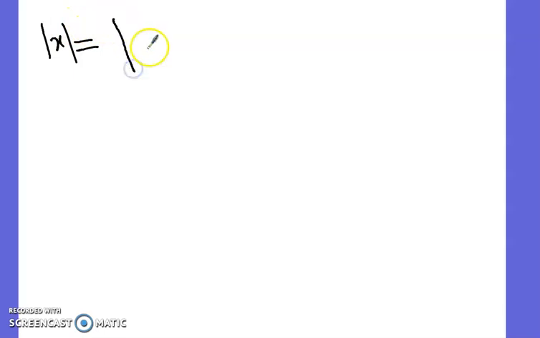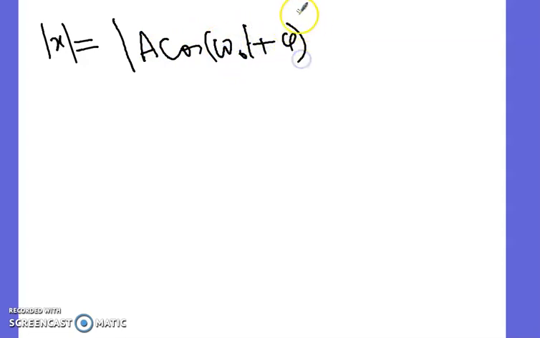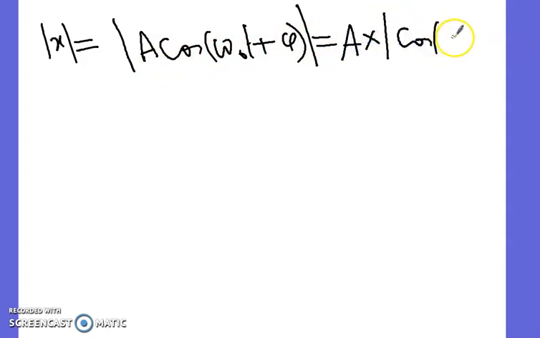So I can write it as a cosine(omega 0 t plus phi) in absolute value. Now a is always positive, so I can write it in this form: a times the absolute value of cosine. Okay?